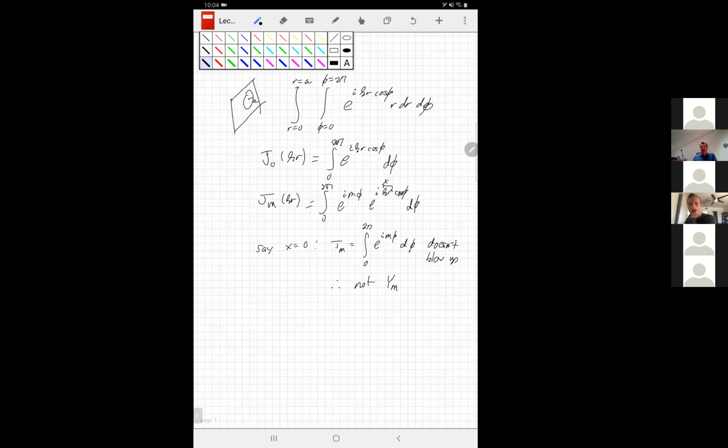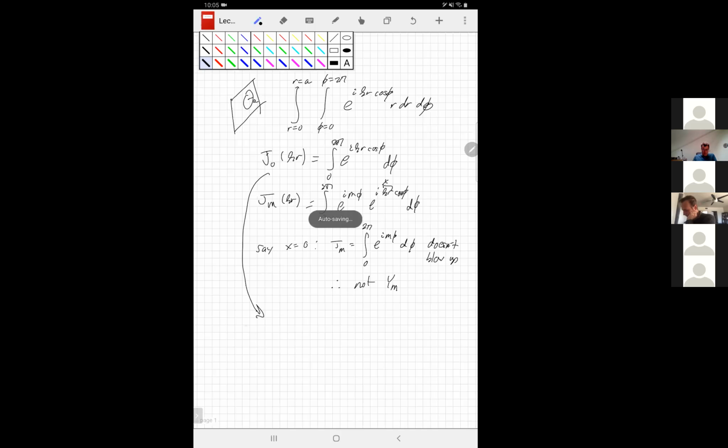So if it's not Ym, and it obeys the same differential equation as Jm, then it's got to be Jm. Now we just need to show that it obeys the equation. I'm just going to do it for J0, all right? Because Jm is a little bit messier, but the same basic techniques apply.